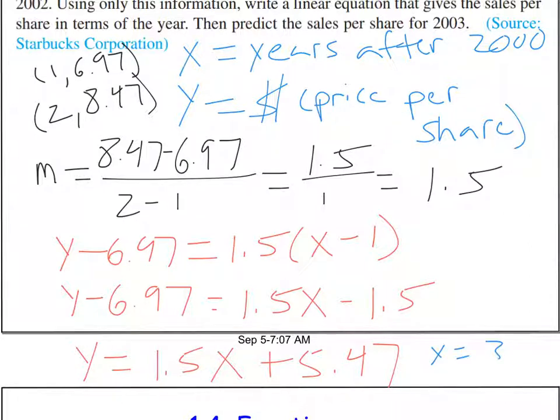Plug in 3, right? What happens when x is 3? It's positive slope. Price is going up about $1.50 a year, but if you plug in 3, you'd get the prediction for '03. I'll leave that up to you. If you want to check that answer in class, feel free. But that is all for 1.3.